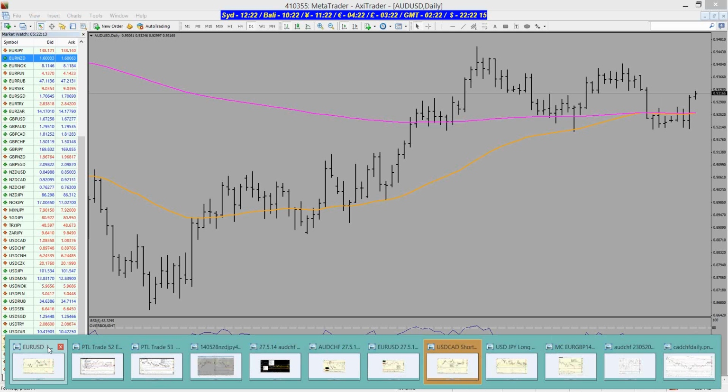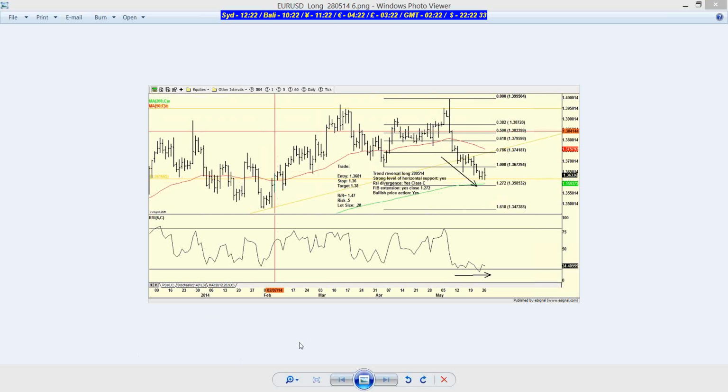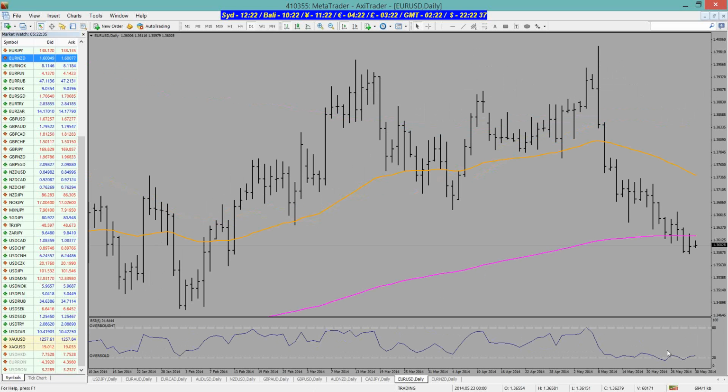And to your euro dollar long, no divergence. Class C, no, that's clearly a lower low. That's not Class C. It's clearly a lower low. It stands out like the proverbial dog's. So where you're wanting to see divergence, Class C is almost there.